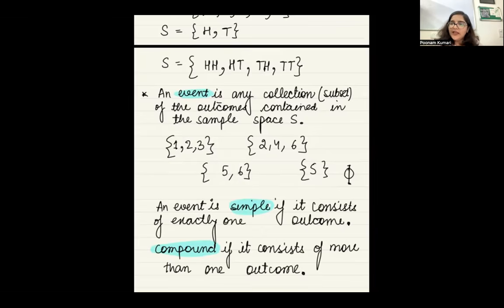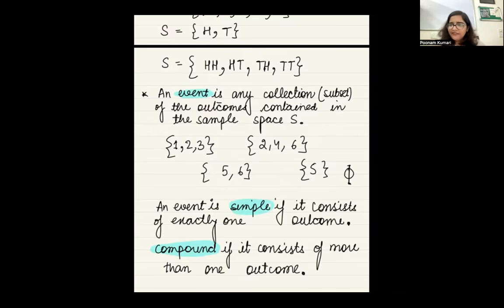Yes. And can the entire sample space be called an event? Yes, ma'am. Okay. Yes. Because there could be situations. The entire set is also a subset of itself, right? So let's say when I throw a die, if my event is whether I'm getting any real number or not.